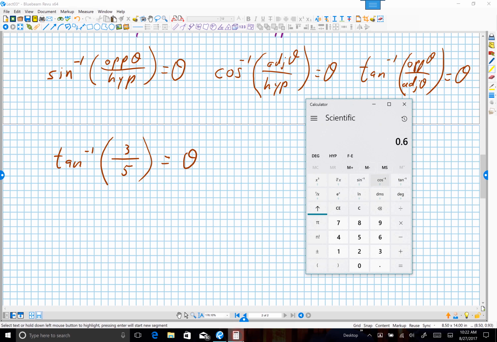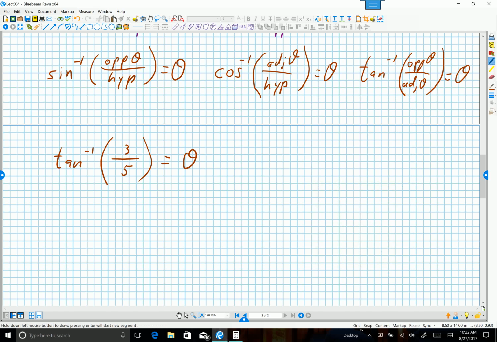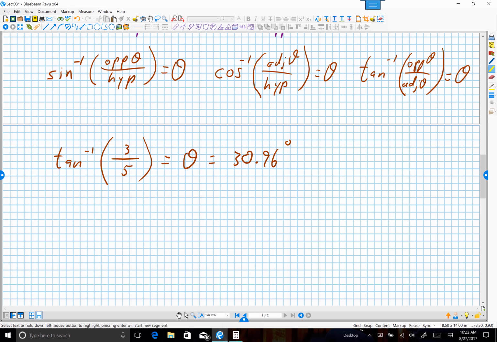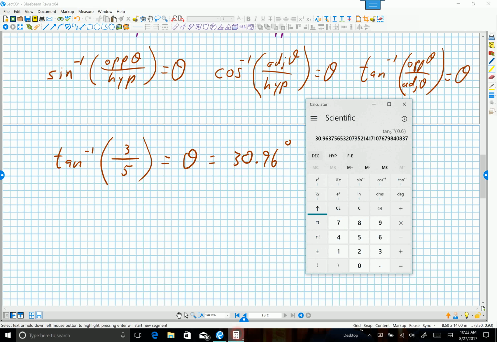I want inverse tangent. It tells me 30.96. So this equals 30.96 degrees. And here's an important point. Make sure your calculator is set to the degree mode, so you get the right answer.